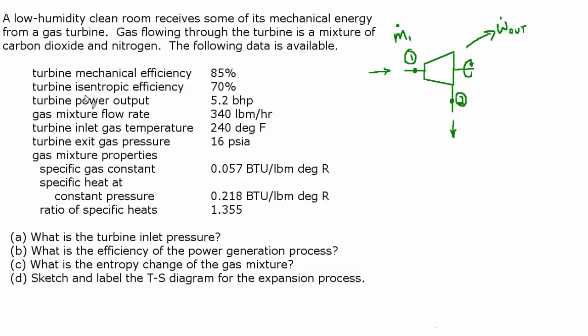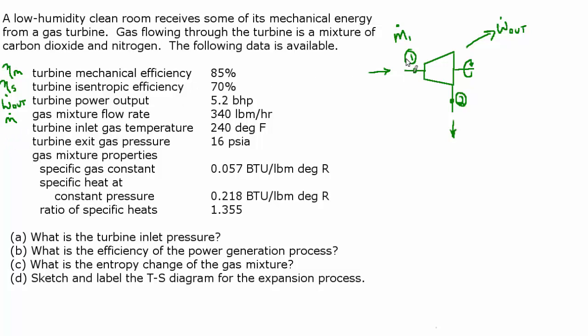So let's assign variables to some of the things that we've been given. We have the turbine mechanical efficiency, so we'll call that eta subscript M. And then the isentropic efficiency would be eta sub S. And then we have the turbine power output. I'll call that W dot out. And now just note that's the actual power output. Then we have the flow rate of the gas mixture, which is m dot. And then we have the inlet gas temperature.